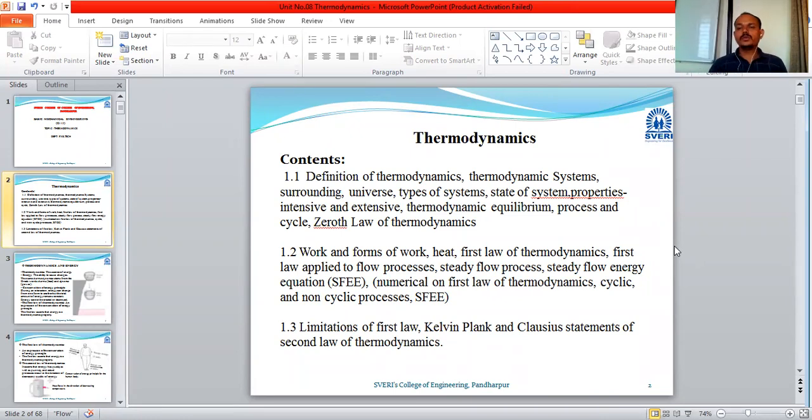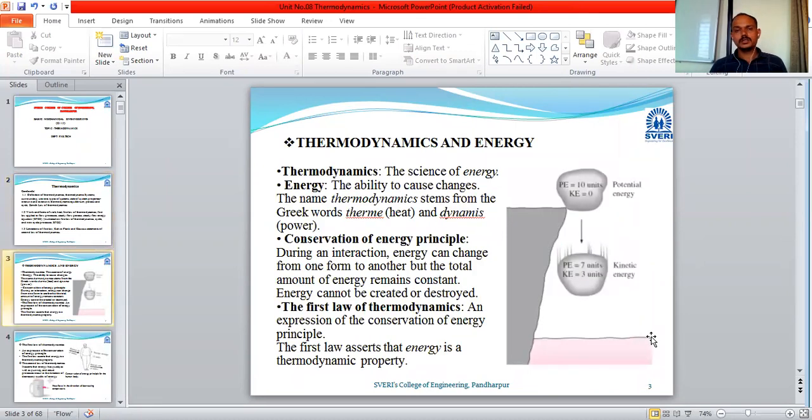Now we will move into the chapter. First, what is meant by thermodynamics? Thermodynamics is the science of energy, in which energy is a very important term. So what is meant by energy?